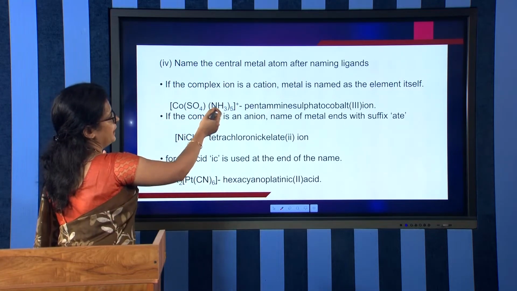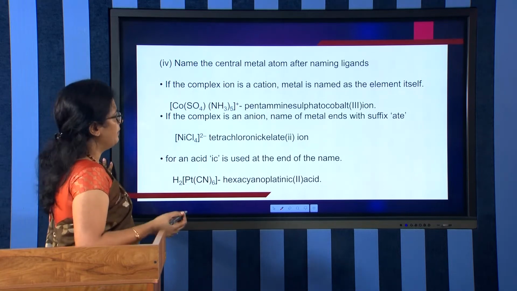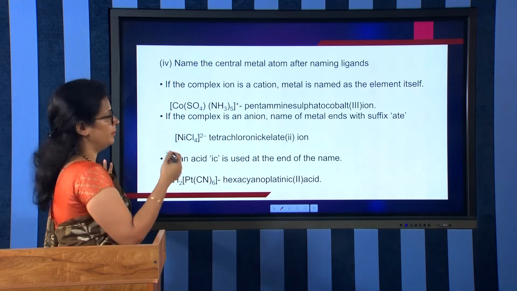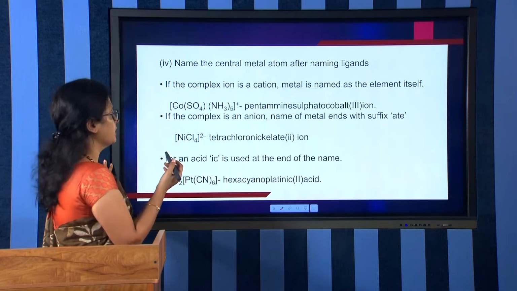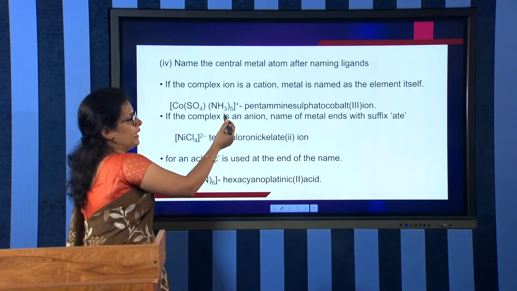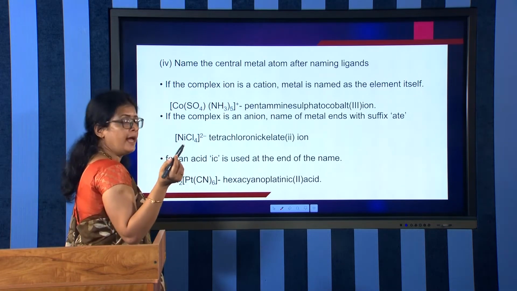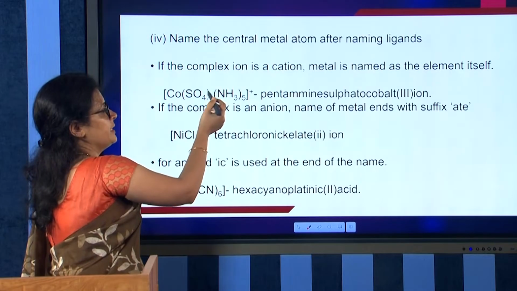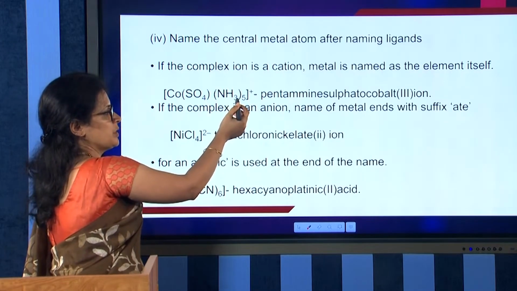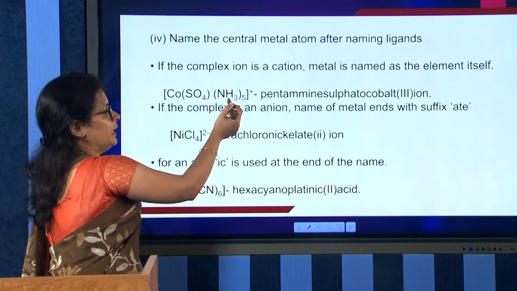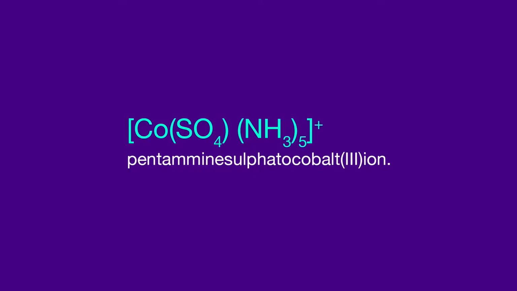For example, Co SO4 NH3 5 times plus. While naming this, you have to follow many rules which we have discussed earlier. First, we have to name the ligands in alphabetical order, amine and sulfate. So, we should start with pentaamine, sulfato, and then cobalt.